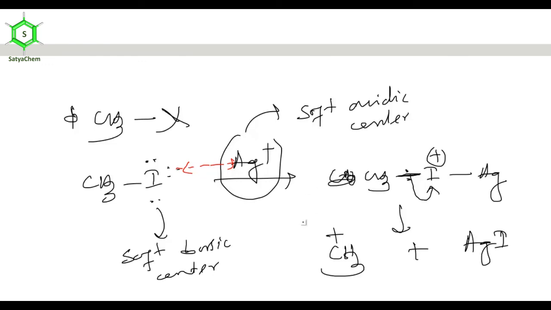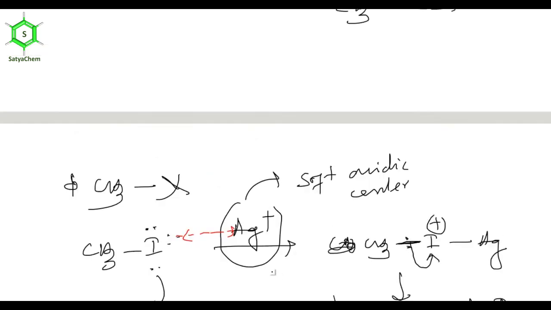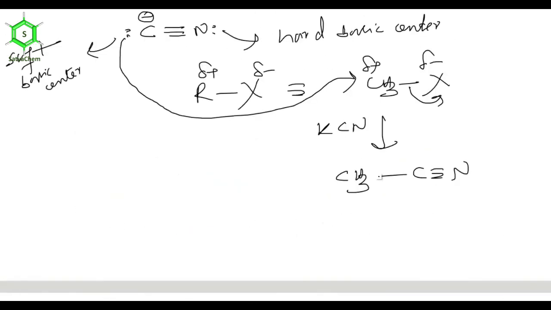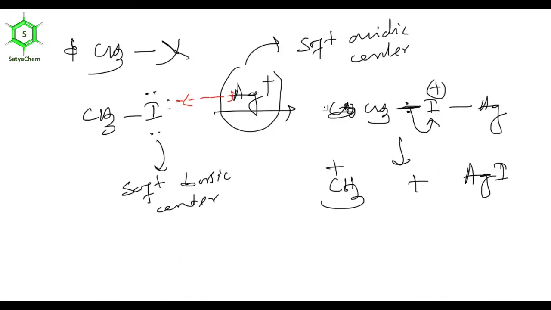So now here a full 1 unit positive charge is present on the carbon atom. But in the previous case, the partial positive charge is present on the carbon atom, so that is why we consider it a soft acidic center. But I cannot consider the carbon of CH3 plus as a soft acidic center, as 1 unit full positive charge is present on the carbon atom.